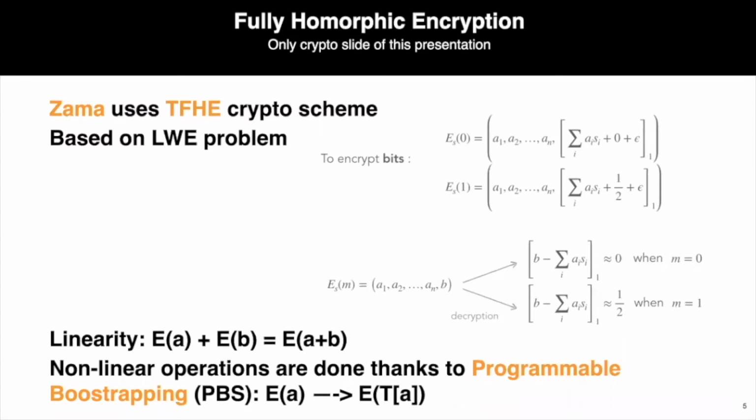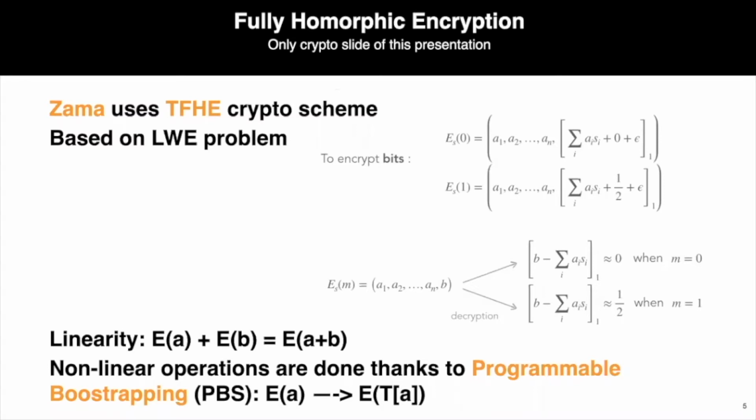So if you encrypt a message M and a message M prime, or A and B as in the slides, you will get the encryption of A plus B modulo 2. The bits are modulo 2. So the linear part is easy.